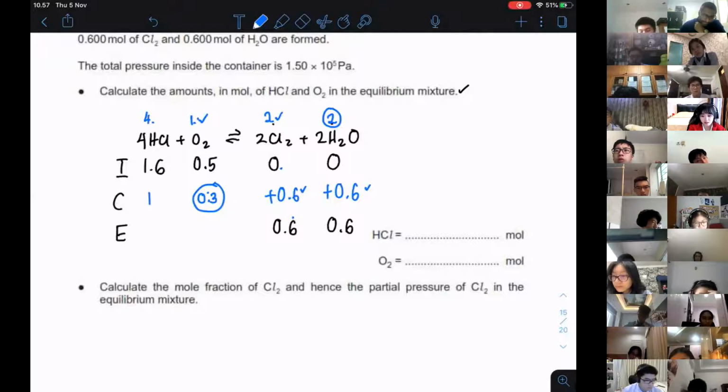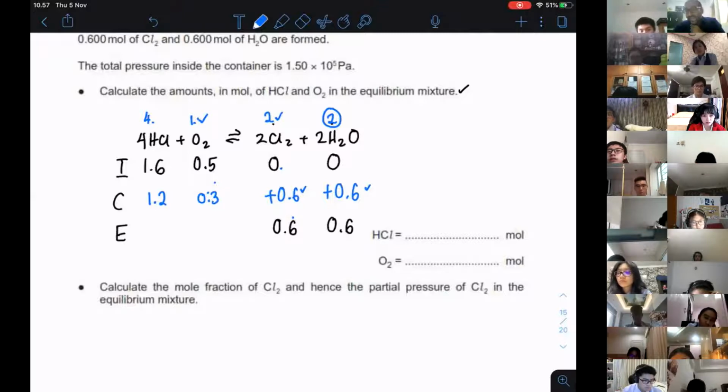Yeah, 1.2. Now, what you need to add over here is, you need to think about, this is plus 0.6, plus 0.6 because they are product. These are reactants. It must be minus and minus.